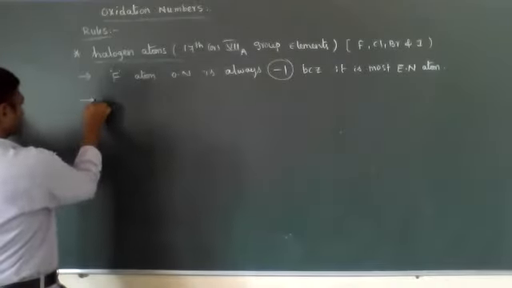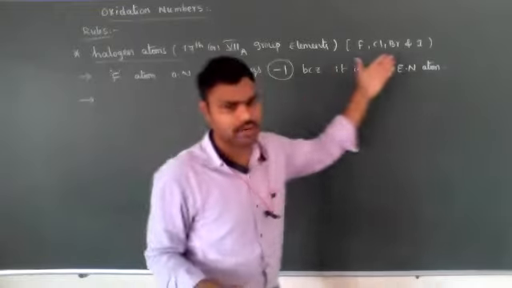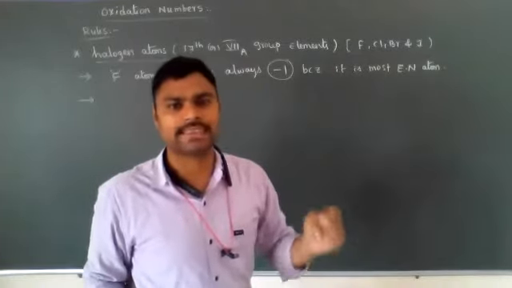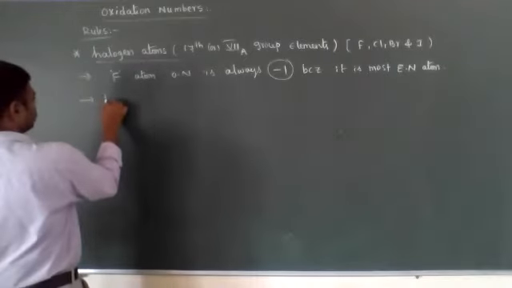Okay, next, halogen atoms. Halogen atoms means fluorine, chlorine, bromine and iodine. They are present in a compound as bonded atoms.